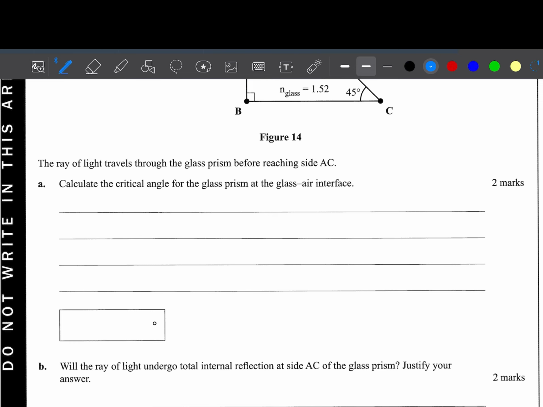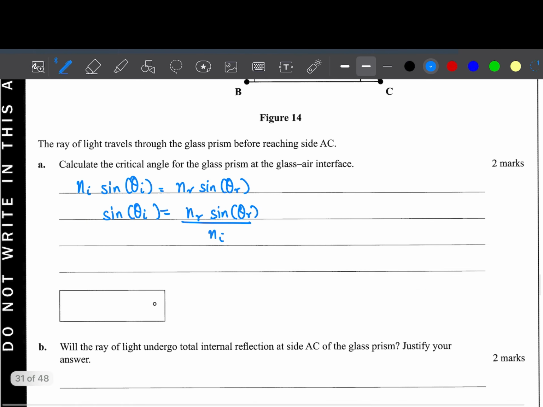So we can apply the formula Ni sine theta I equals to Nr sine theta R. So sine theta I equals to Nr sine theta R on Ni, meaning that our theta I is going to be sine inverse of Nr sine theta R over Ni. Now our refracted angle is going to be 90 because they want us to calculate the critical angle.